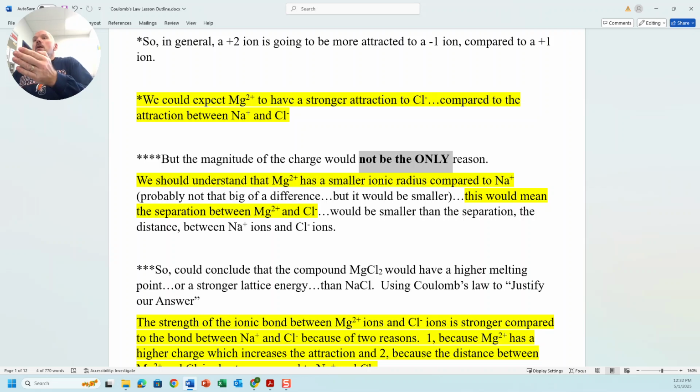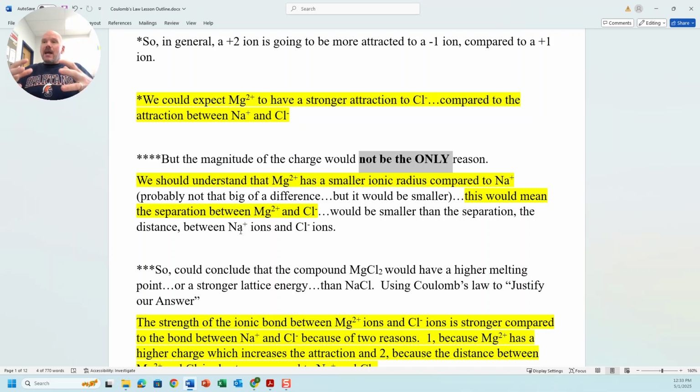Okay, so for me to know that magnesium 2+ has a smaller radius than sodium 1+, I really have to go back to Coulomb's law, right? So we know the atomic radius trend. Remember, don't get that confused with the ionic radius trend, but the size really depends on how many shells of electrons I have and how many protons are in the nucleus pulling those electrons to it.